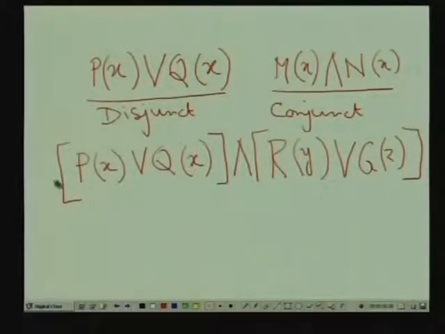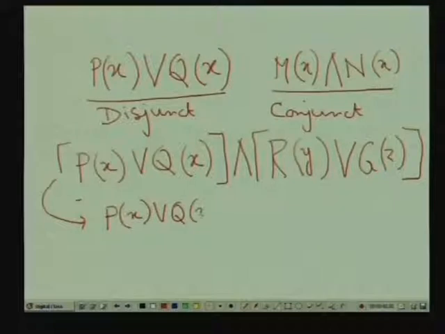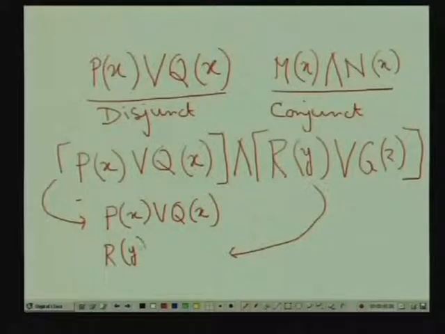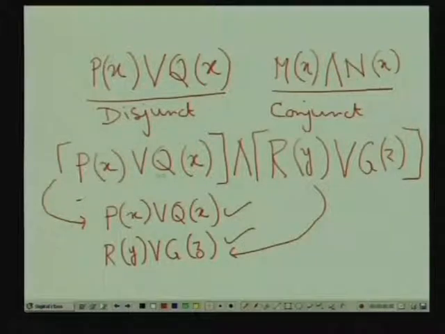This one I can write down separately as P x or Q x, and this one I can write down separately as R y or G z. Now, according to our definition, both these are clauses, and in a conjunction of disjuncts, each of these disjuncts can be written down as a separate clause, and that is our objective, to convert it into the clausal form. Okay.